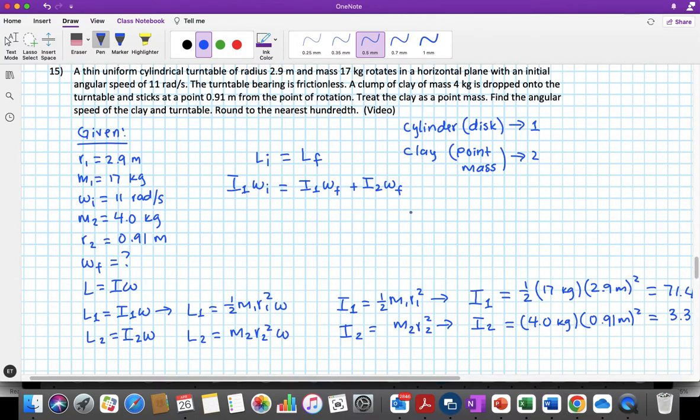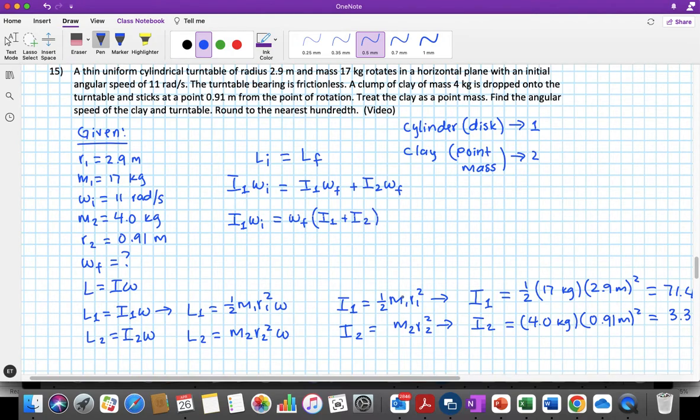I have to solve for angular velocity final, so I have to factor out omega final. So I1 omega initial, and I factor out omega final. That'll be I1 plus I2.